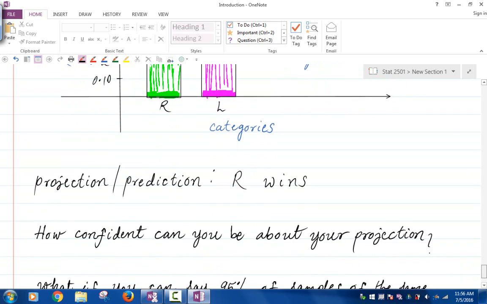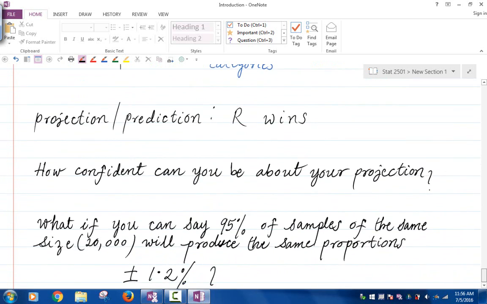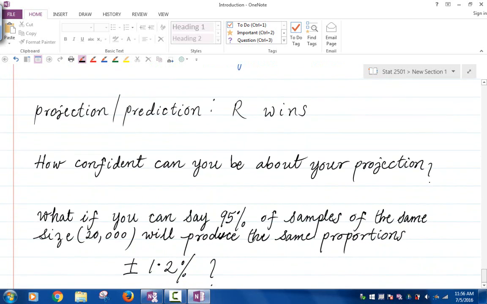But if you say that Roosevelt's going to win, should anyone believe you? You are trying to conclude that Roosevelt is going to win, right? That's what you want to predict. But what's the degree of confidence you have when you say that?